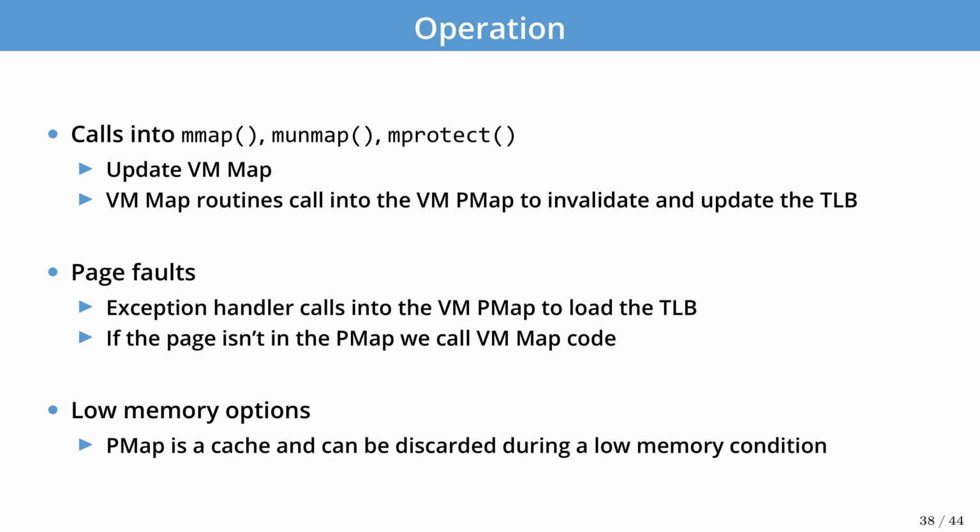The vmap routines then call into the pmap to invalidate various page mappings and to update the TLB if necessary. On a page fault, the exception handler calls into the pmap to load into the TLB, and often there's going to be a little cache that it'll try to load from. If it's not available, then it calls into the vmap code as the slower path to ask it to find the actual mapping.